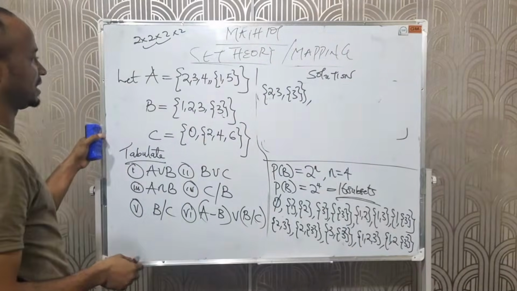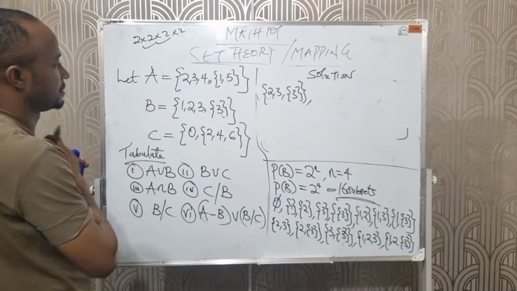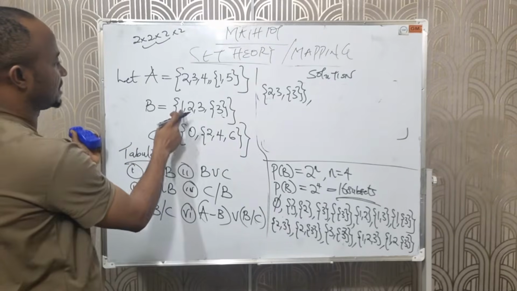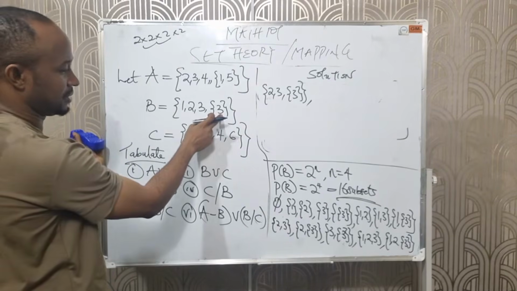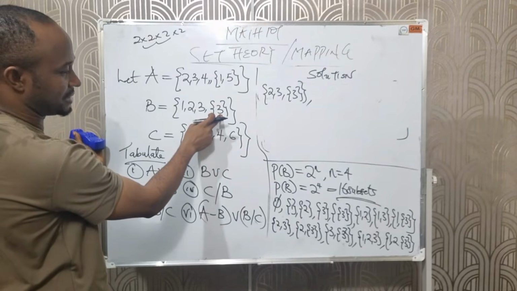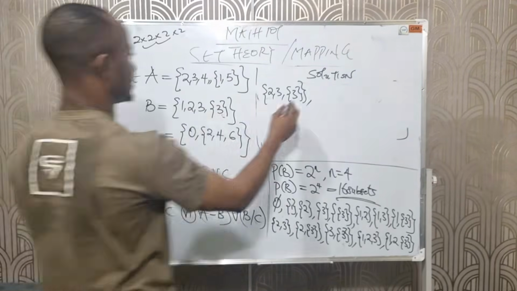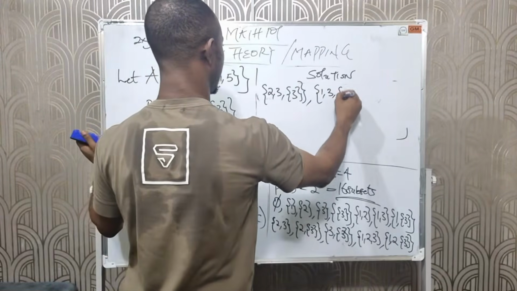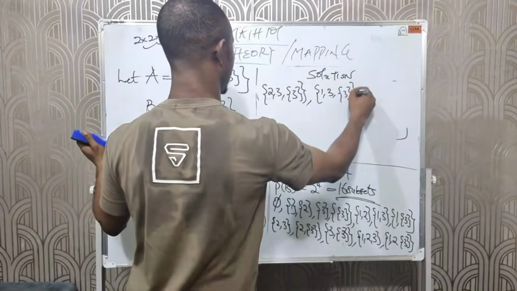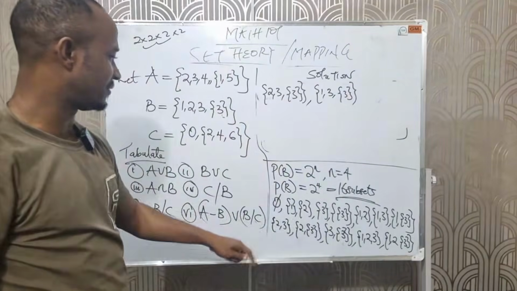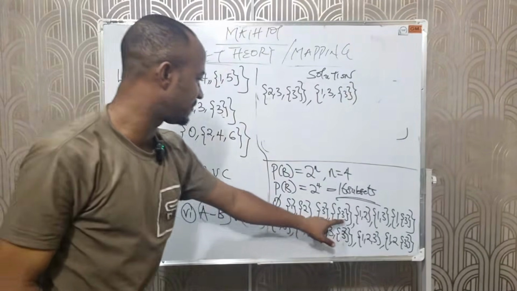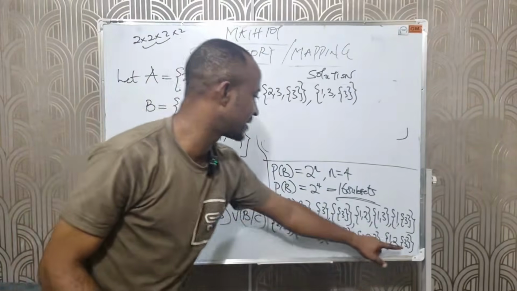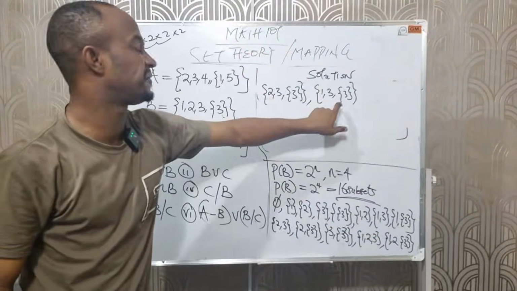Right? Okay, let's check again. Let's take 1, 3, and set 3. Let's count. Let's know what we have already. 1, 2, 3, 4, 5, 6, 7, 8, 9, 10, 11, 12, 13, 14, 15.